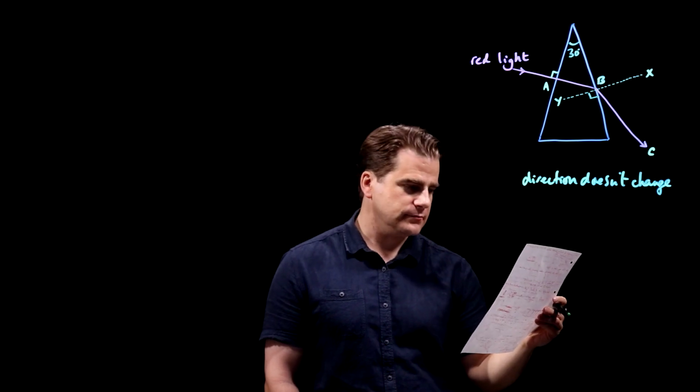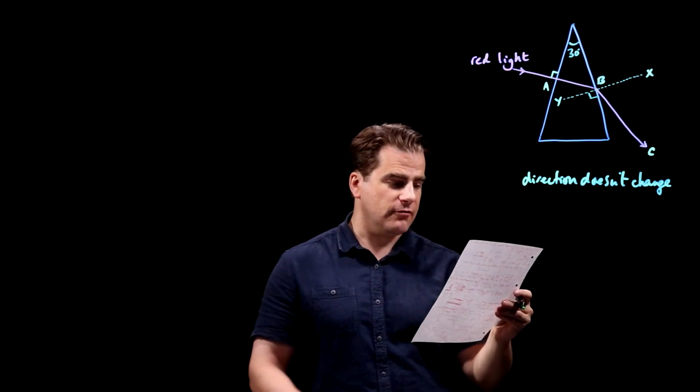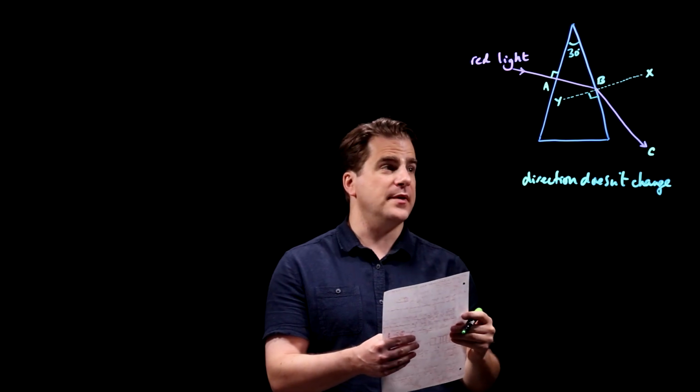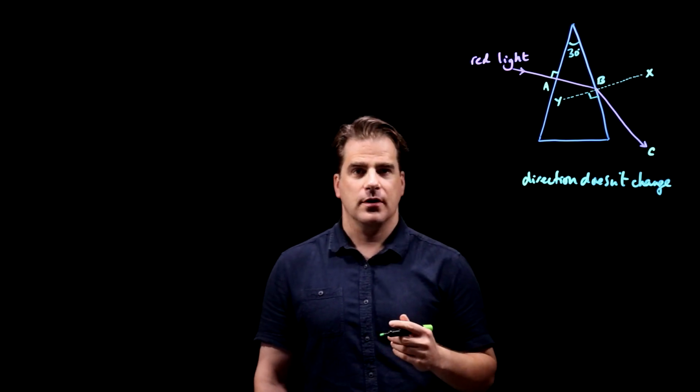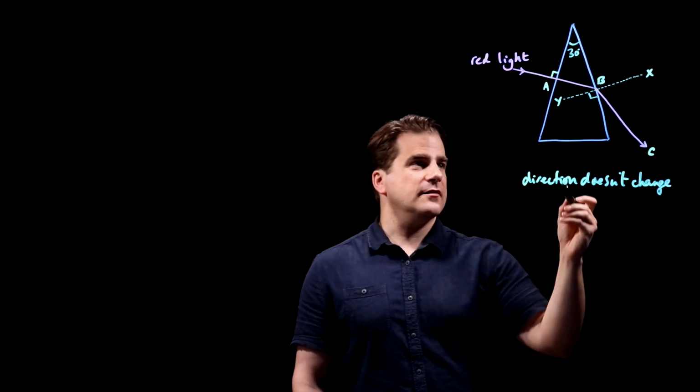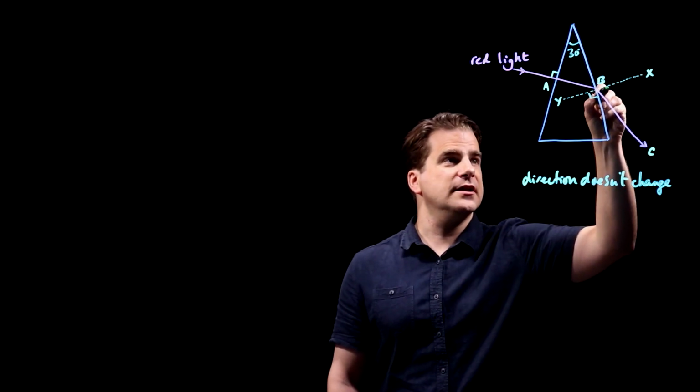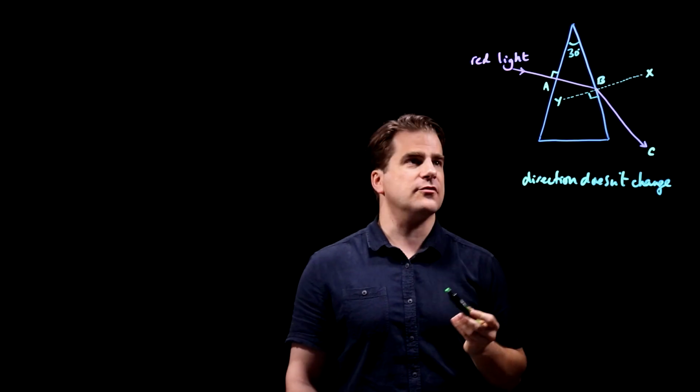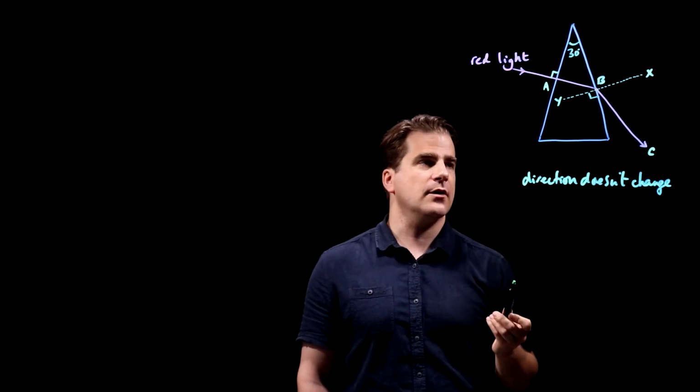Okay. Measure the angle of refraction of the light at B. Okay, so you need a protractor for this question, and you have to measure the angle of refraction here. Now, what is the angle of refraction?